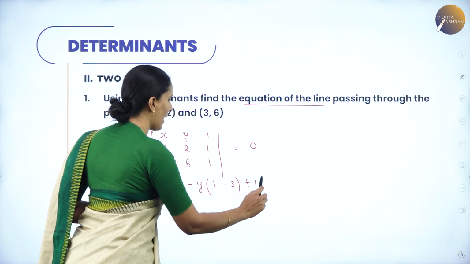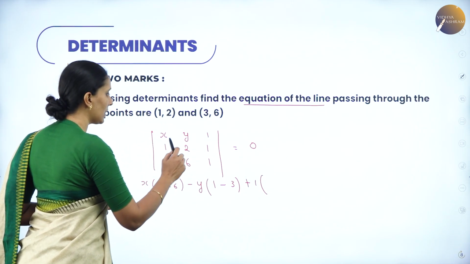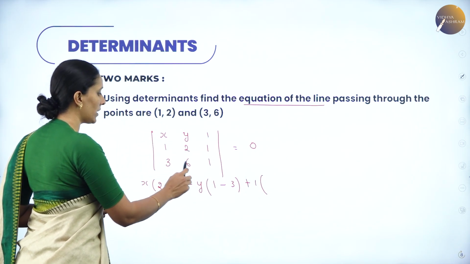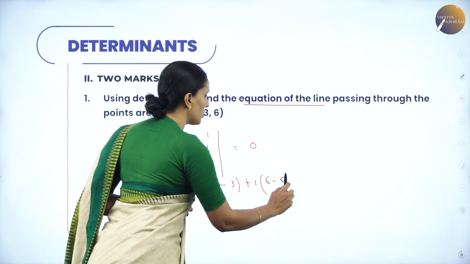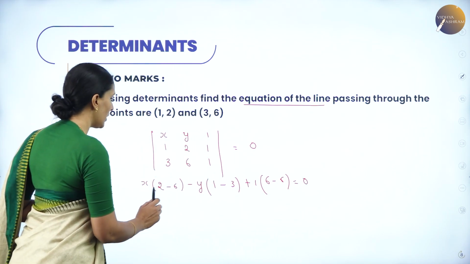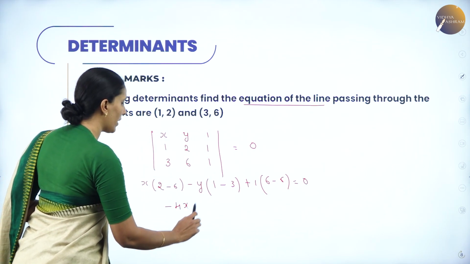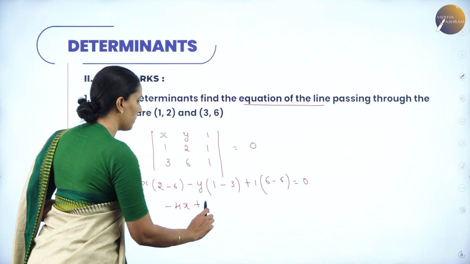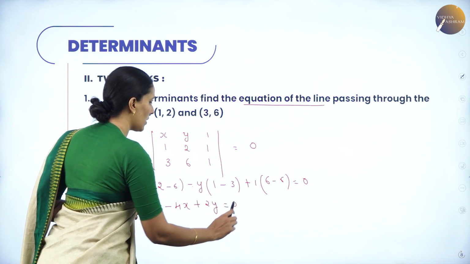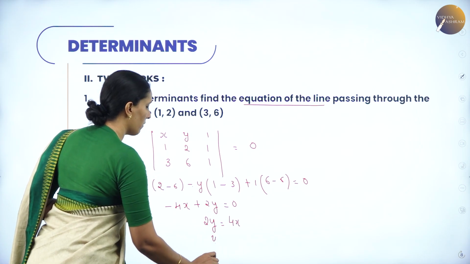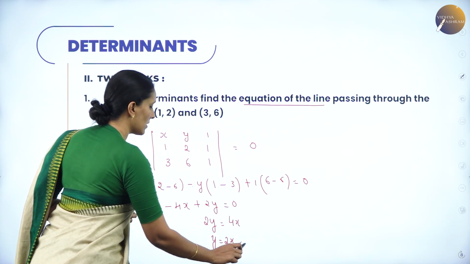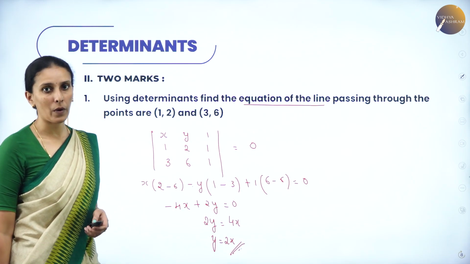The last one we have 1, deleting the column and the row, we have 1, 2, 3, 6, so it is 6 minus 6, which is 0. So here we get minus 4x plus 2y is equal to 0. Or 2y is equal to 4x, or y is equal to 2x.